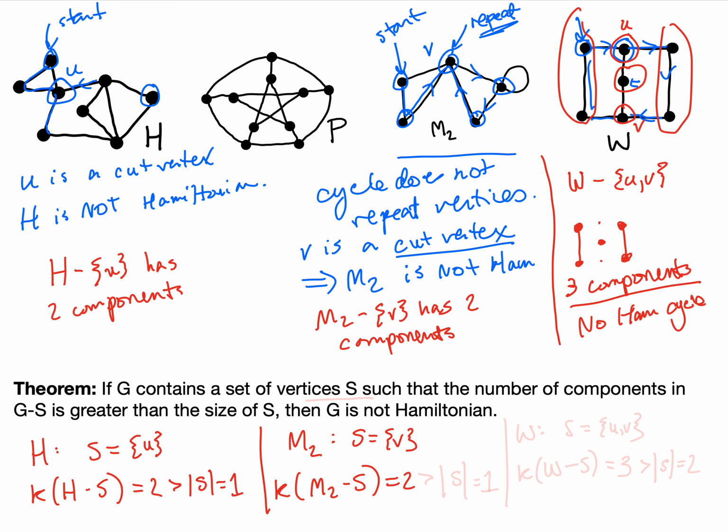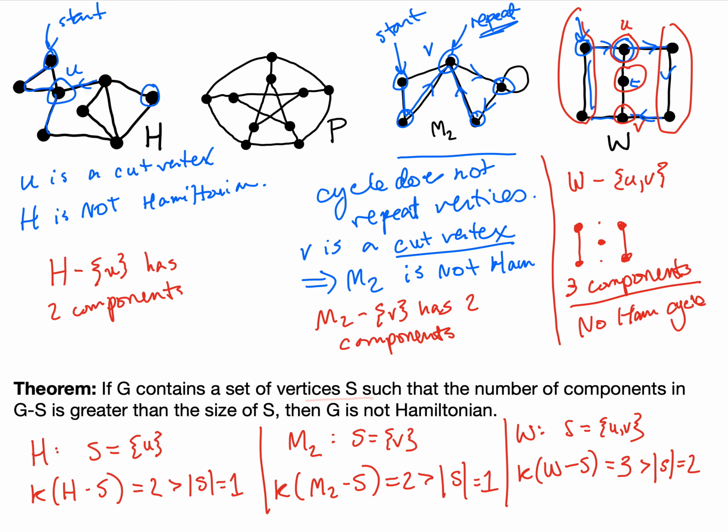There were 2 components remaining, which is greater than the size of S, which was 1. And in the last example, in the graph W, we saw that the set S was the set of 2 vertices U and V, those 2 vertices in the cut set, and the number of components in W when you take away those 2 vertices was 3. There were 3 components, which is greater than the size of S, which is 2.